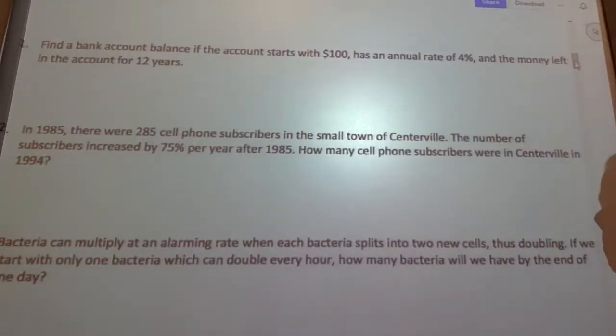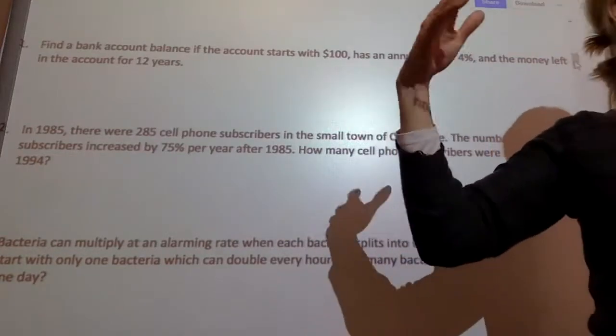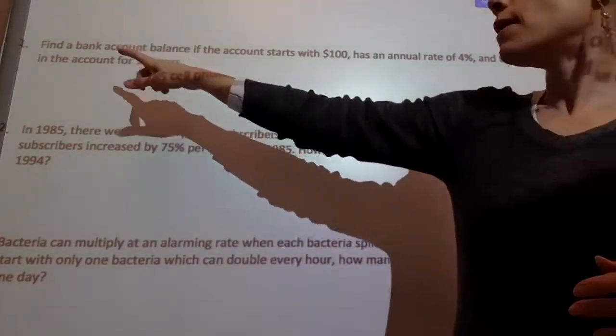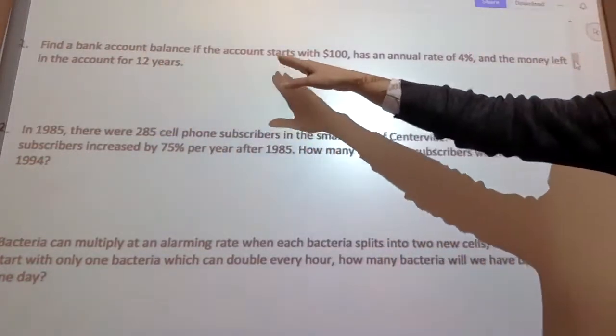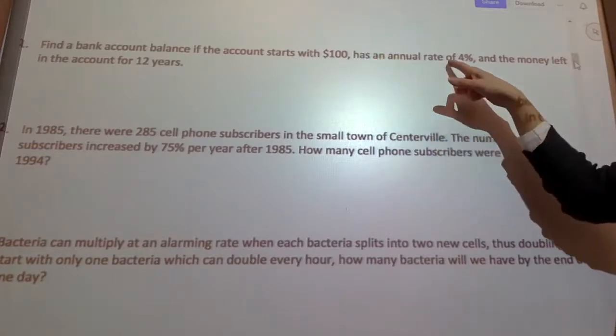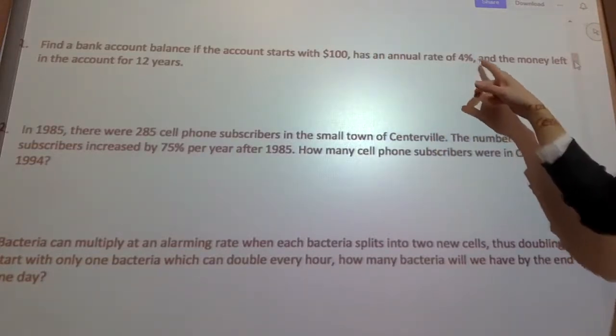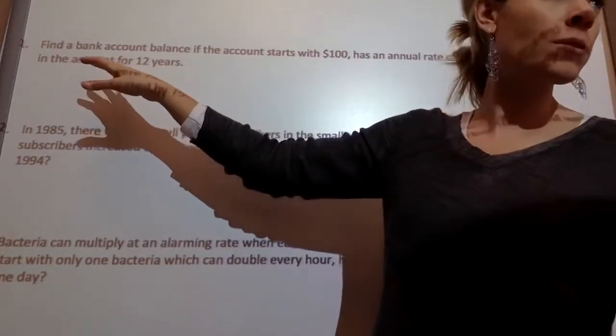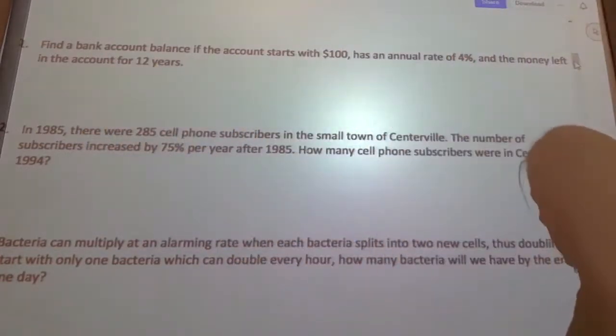Okay, so when you read these problems, you need to kind of pick out what's my A, what's my R, what's my T. So find a bank account balance if the account starts with $100, has an annual rate of 4%, and the money is left in the account for 12 years. Okay, so looking at my formula, what's my A?